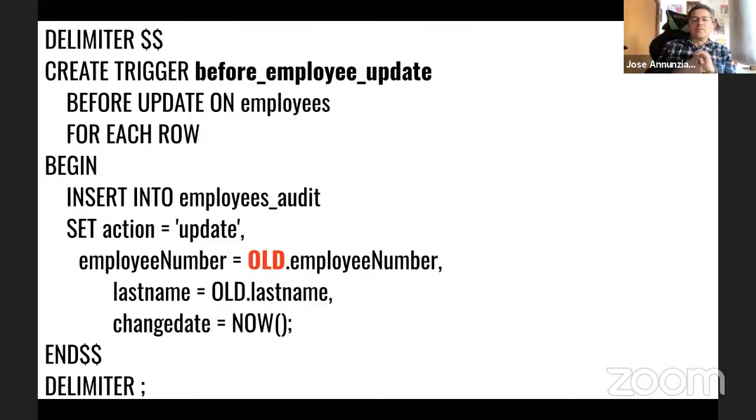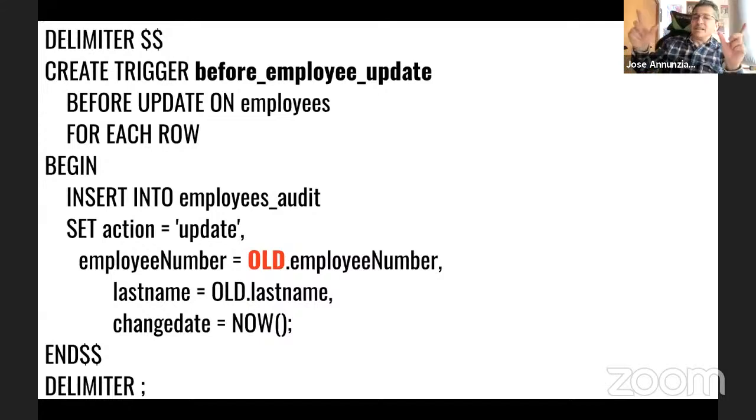Okay, and what am I going to do? Well, I might now insert into the employees audit table. I want to say that the action was an update. The employee number, notice OLD here. It allows me to see, since I'm updating a record, the old employee number, and the last name, the old last name.